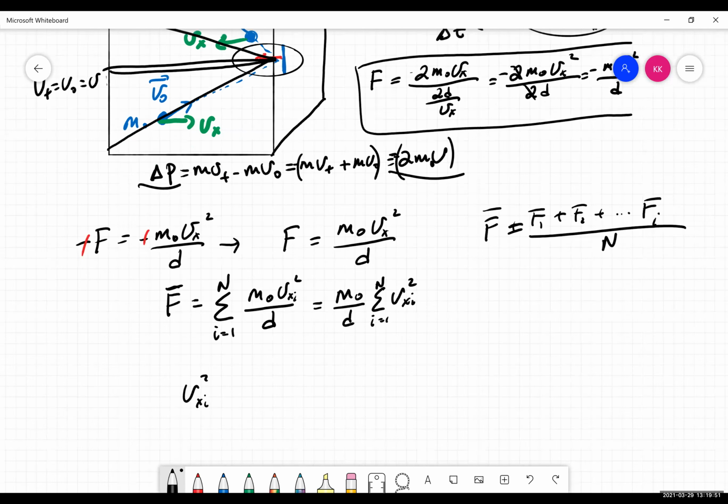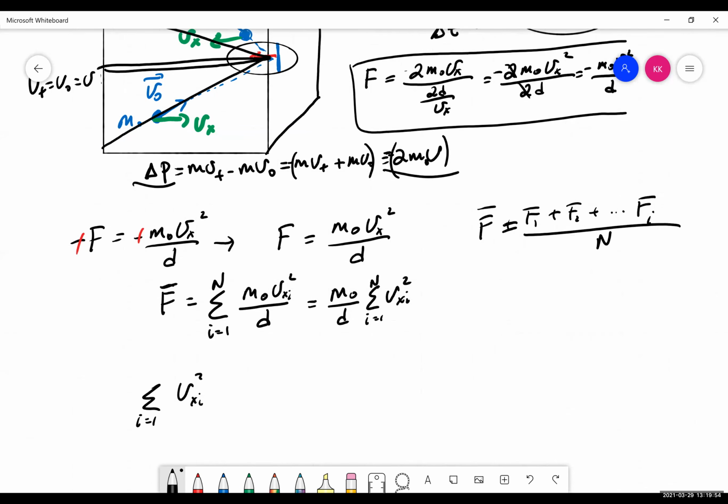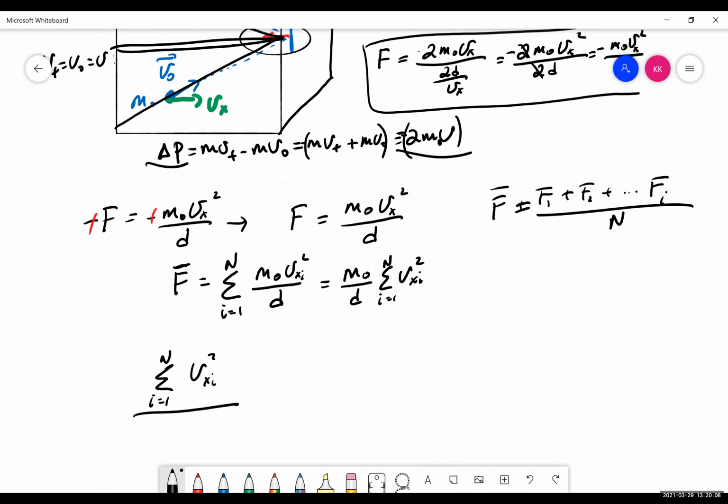If I'm adding them all together from i equals 1 to n, imagine I take the velocity of the first particle in the x direction squared, plus the velocity of the second particle in the x direction squared, adding them all together, then dividing by n, which is the number of particles that I have. So technically this is the average velocity in the x direction, the velocity of all the particles combined along the horizontal direction.